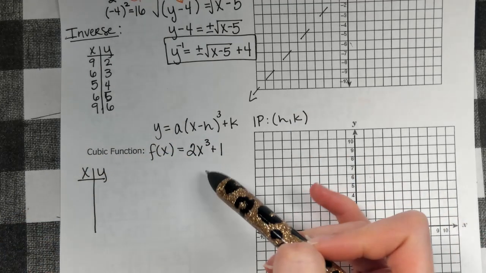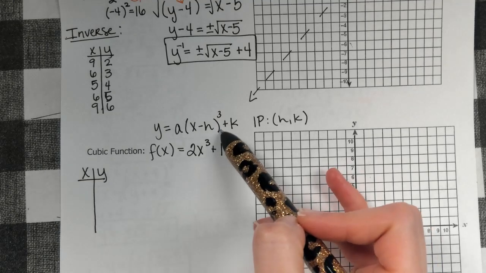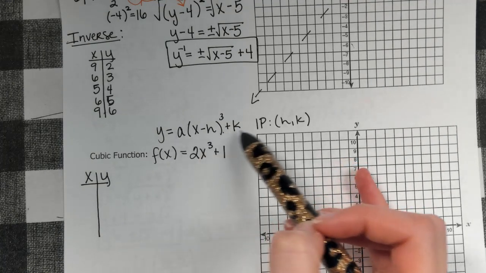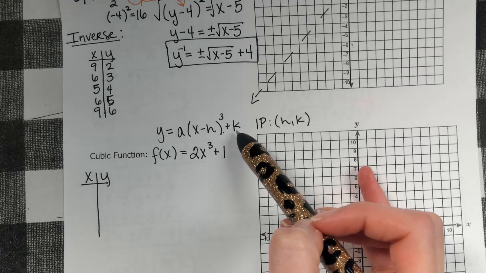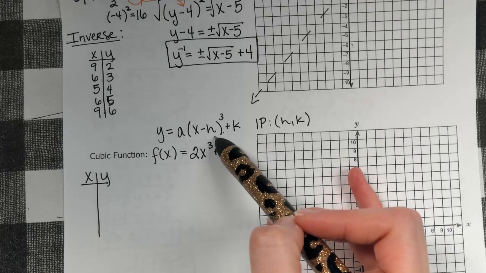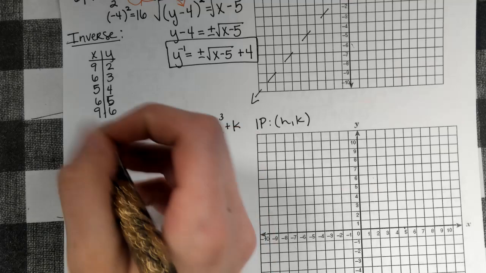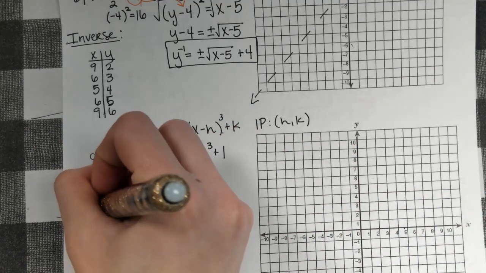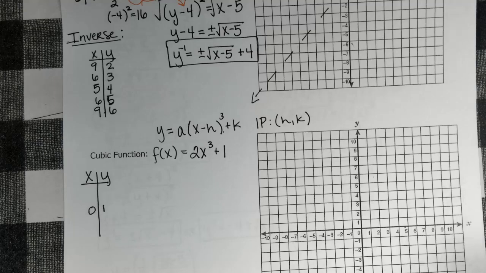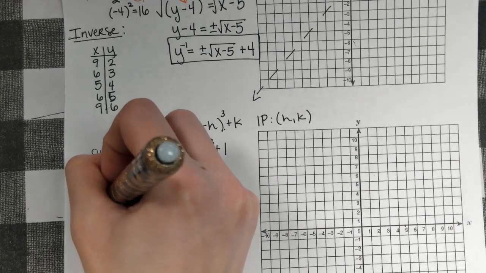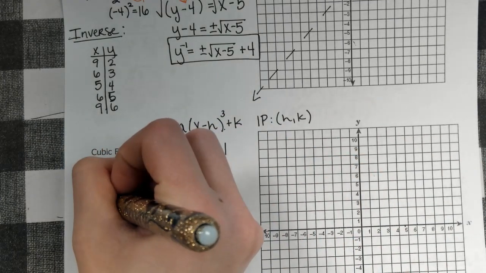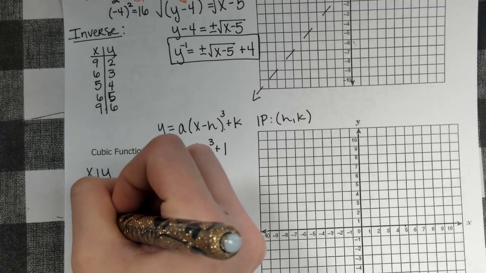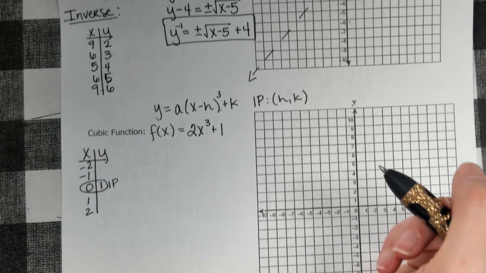So if I compare 2x cubed plus 1 to this, what would our inflection point be? Do I have parentheses? So it would be 0 and then the 1. So that's my inflection point. And then I have my -1, -2, +1, +2.